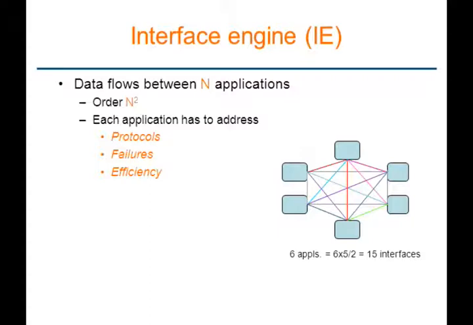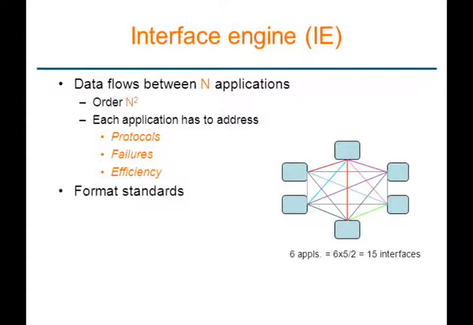And that will be 5 different queues, if you will, that they have to worry about. There are also efficiency issues: if each of these 6 applications has to worry about 5 other interfaces, there are just too many people trying to look at too many different things, and it's definitely not an efficient way of doing things as the number of applications keeps growing.